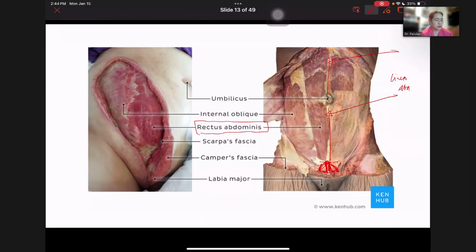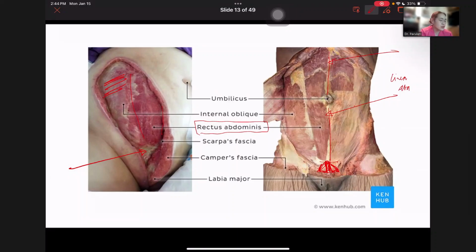That divides into two. This is a picture of an infection. The left side is infected. You can see an abscess there. Because of the infection, you can see the muscle layers are engorged. So this is your rectus abdominis muscle, and you can see your external oblique.